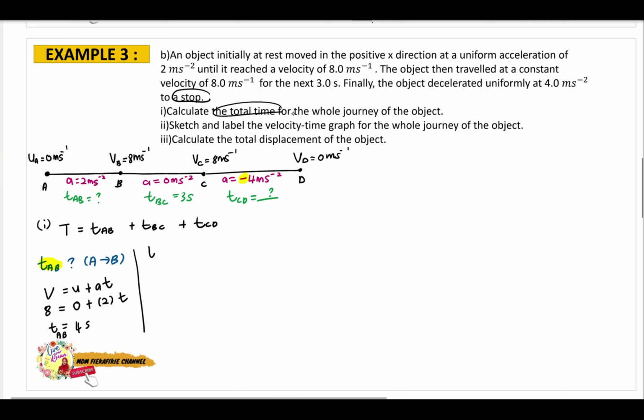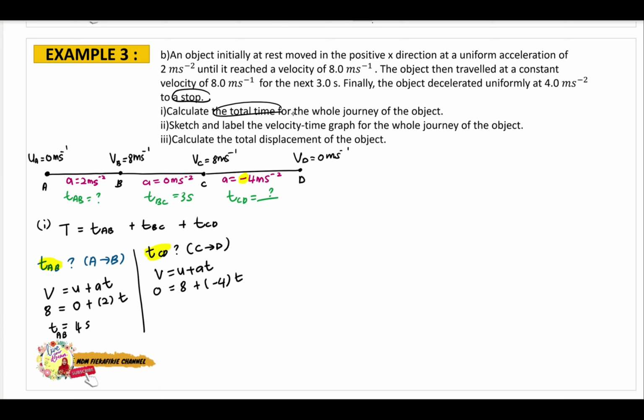And then TCD, which is from C to D. Let's highlight first. For this part, I will use the same equation. We already know that at point D the velocity is 0, and U at point C is equal to 8, because it goes from point C to point D. Plus, this time the object is decelerating so A must be negative 4.